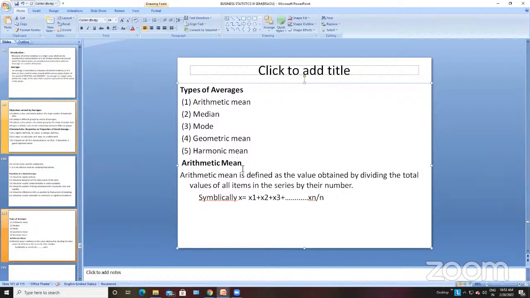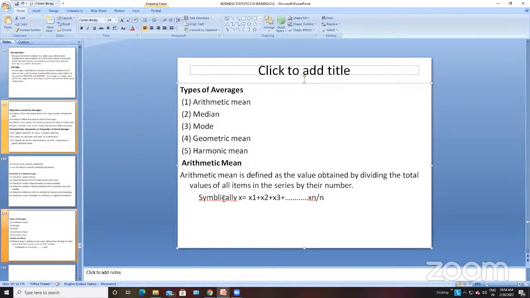And here, arithmetic mean is defined as a value wherever you will be getting the value, that should be obtained, means total, and that will be divided by the total values in the series.